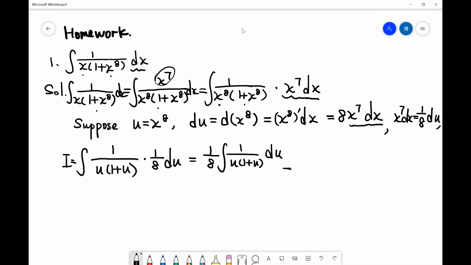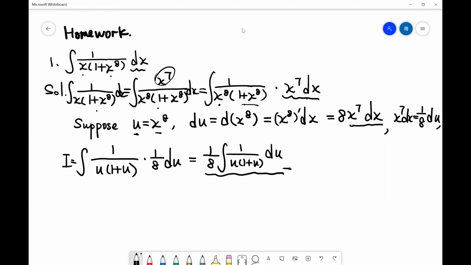The best way to solve this question is to let u be x power 8, or you can let u be 1 plus x power 8. That is also okay. So we have changed the original integral to this kind of type.